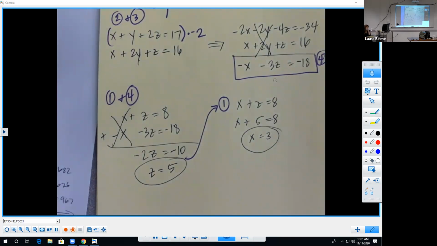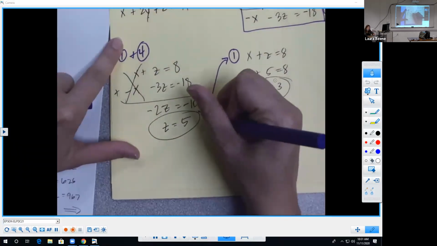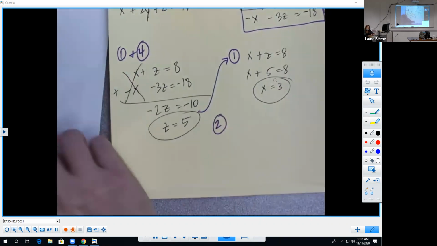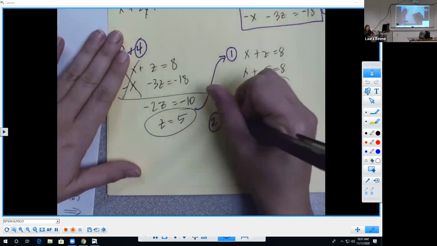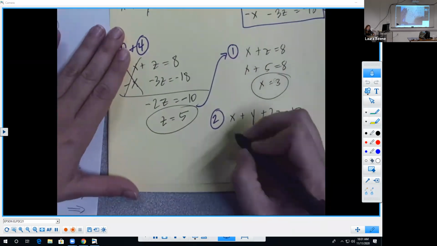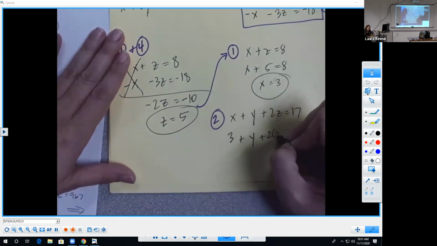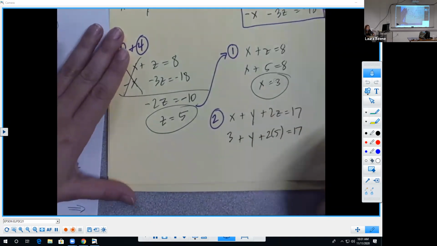And now, to find y, you need to plug both of those back into an equation to solve for y. Obviously, I'm not going to pick the first equation because it doesn't have a y in it. So let me pick the second equation or the third. It doesn't matter. It's all the same. I pick the second equation. x plus y plus 2z equals 17. When I plug in x, 3 plus y plus 2 times 5 equals 17.